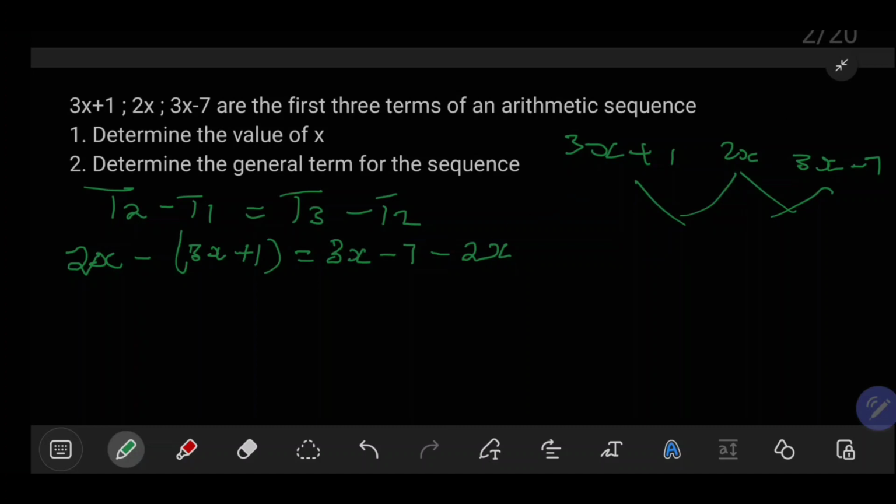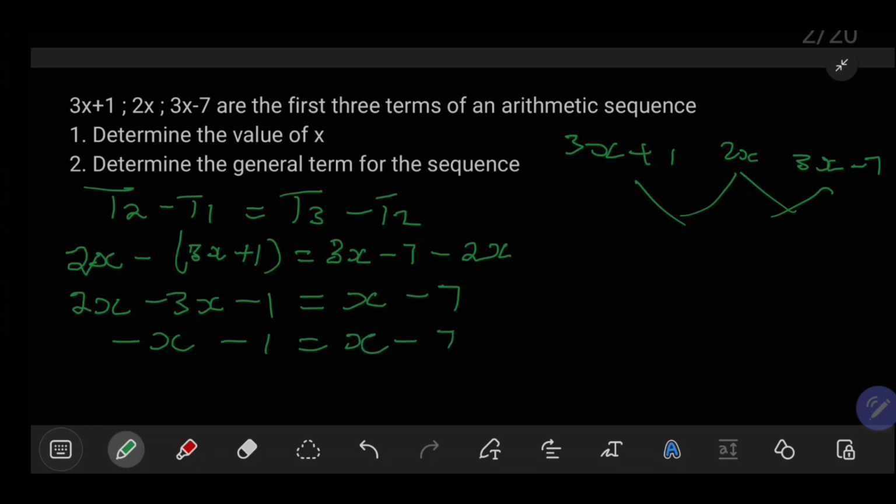And then now we do the algebra. So it means we're going to have 2x minus 3x minus 1, and on this side we add the like terms, then we're left with x minus 7. So this side we're left with negative x minus 1, which is equal to x minus 7.